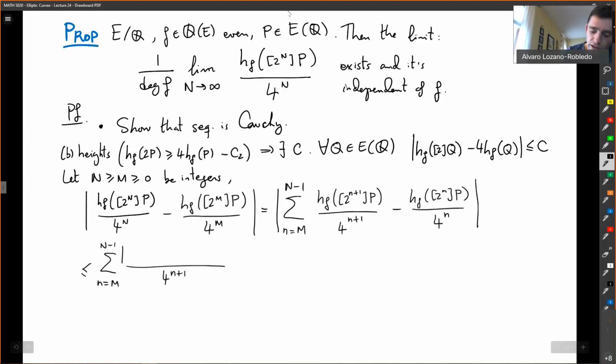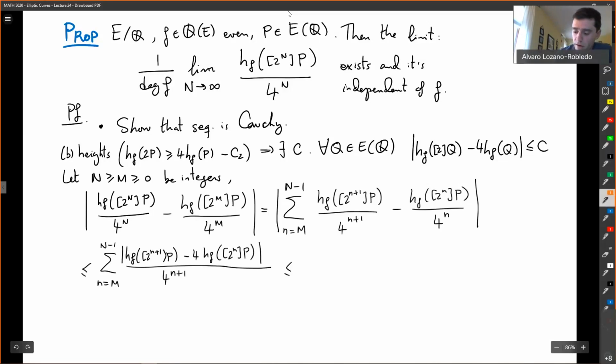This is the absolute value of h_f of 2 to the n plus 1 P minus 4 h_f of 2 to the n P. But now using Q, like in here, for all Q, let Q be 2 to the n P. Then using the universal boundedness, because it's a height, this is less or equal to the sum from m up to n minus 1 of c over 4 to the n plus 1.